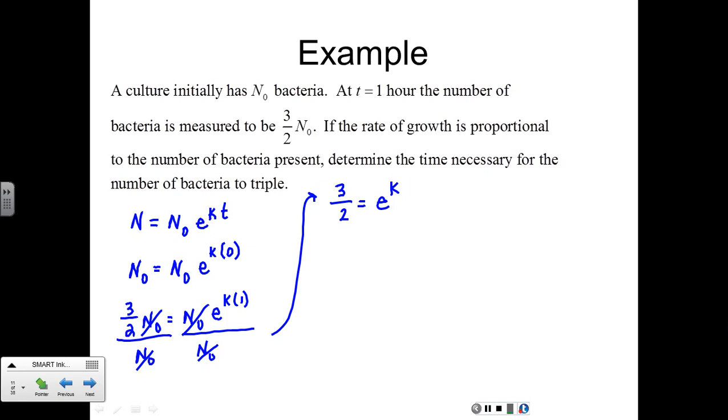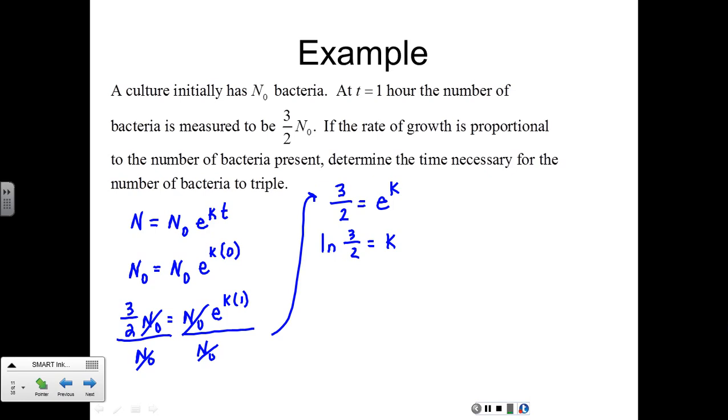Natural log, yeah. To get rid of an e, you natural log, right? So natural log of 3/2 is equal to k. Give me a decimal on that. Natural log of 3/2. Punch it in your calculator. We're going to do 4 decimal places. That'll give me a pretty accurate result. 4 decimal places on any of these problems we do. 0.4055.